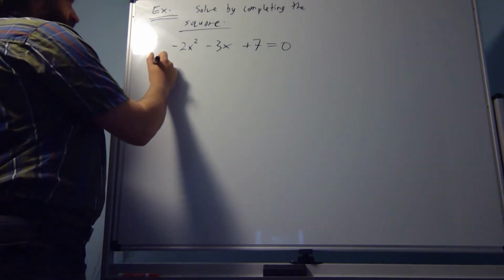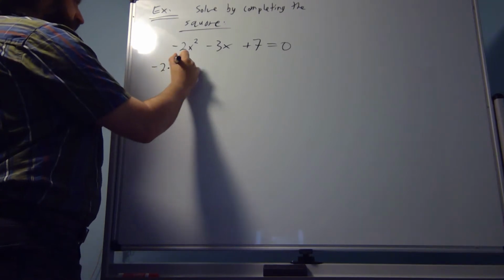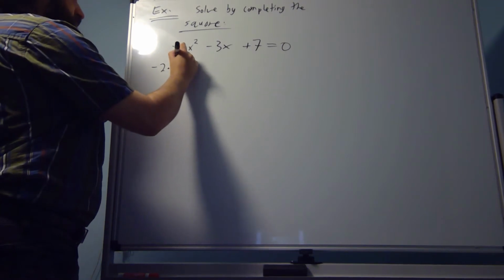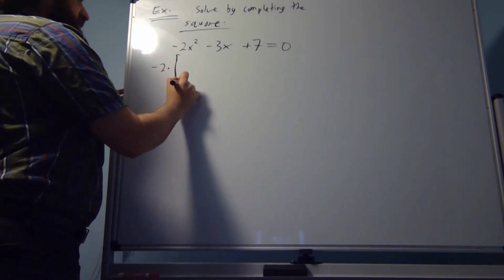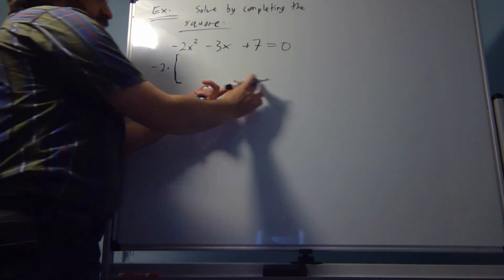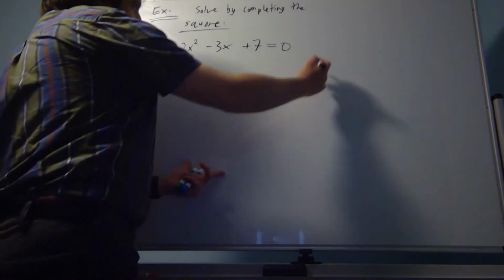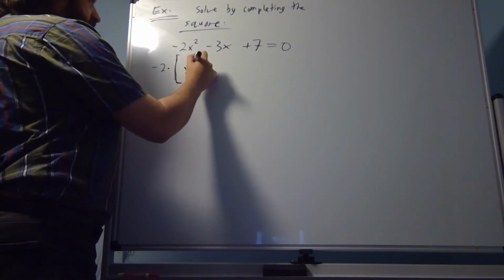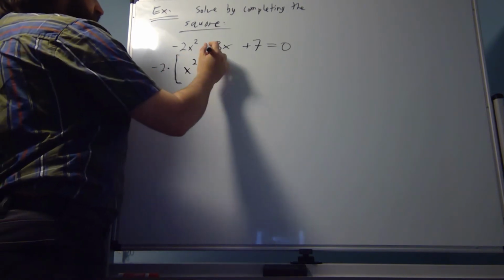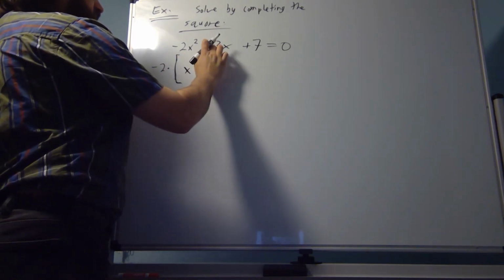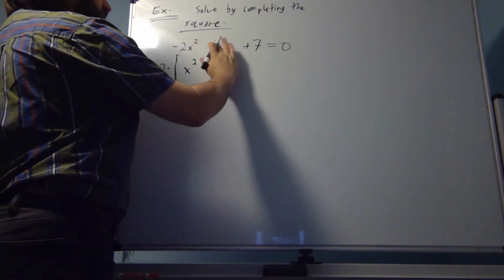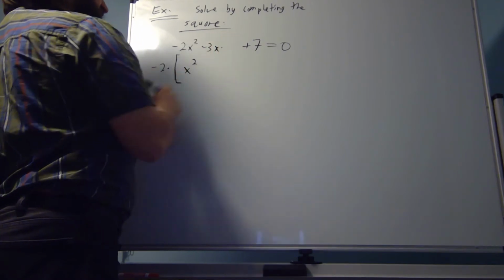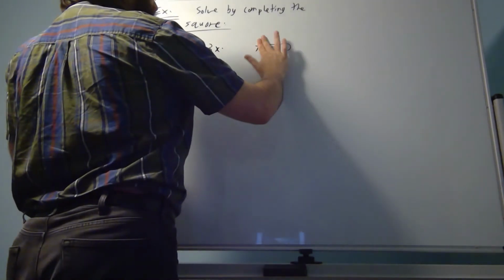So what I said was this. If I want to factor out the a, there's this giant square bracket, and then everything inside the square bracket is going to be exactly the same process, but you do it all inside of here. So we factor out the a. Let me make a little bit of space here.